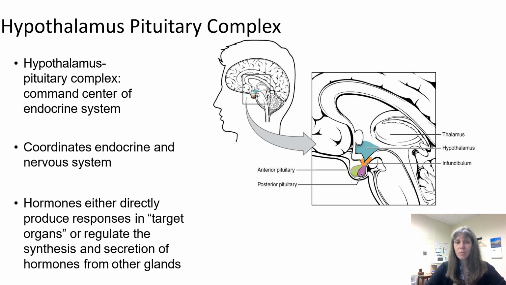So that's how it helps to coordinate the endocrine and nervous system together, acting as that command system of the endocrine system. And when this occurs, the hormones that are produced are either going to directly affect target organs, or they might regulate the production and secretion of hormones from other glands within the endocrine system.